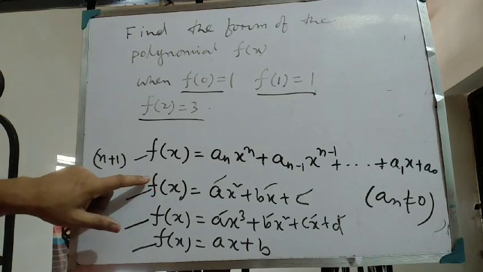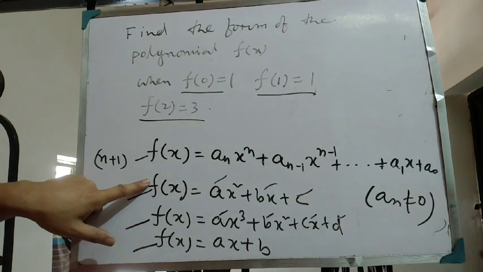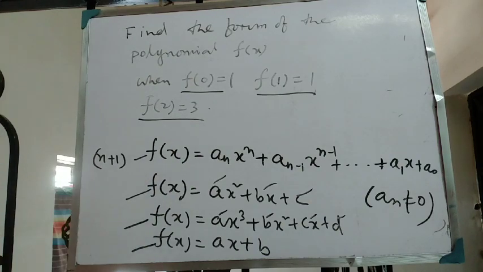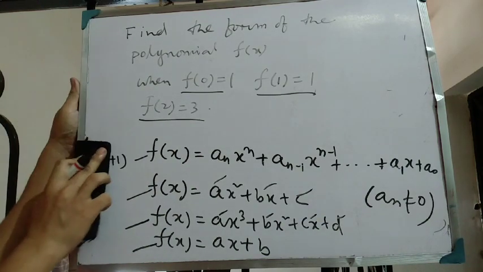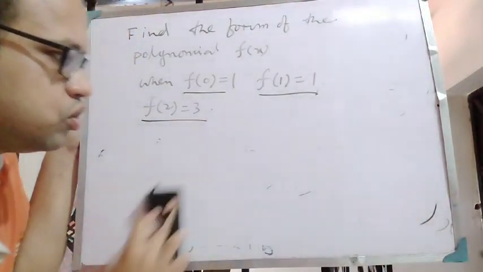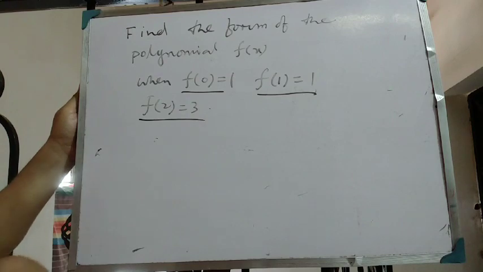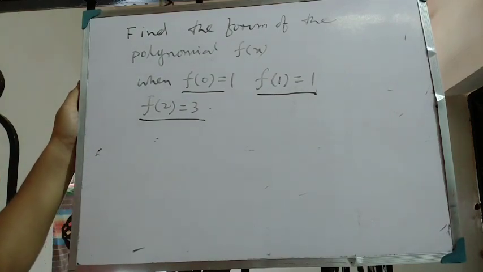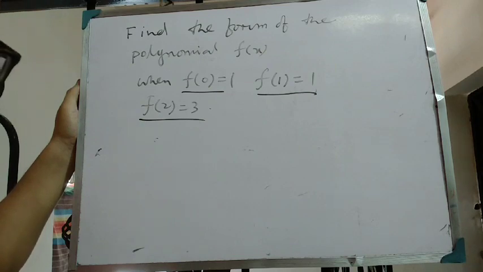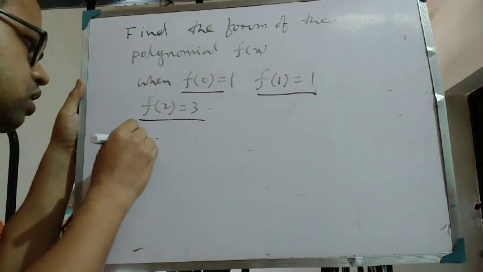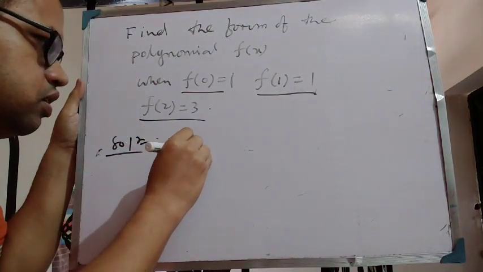Again, a polynomial of degree 2 has 3 unknown constants. So to start with the problem, you have to assume the given expression as a polynomial of degree 2, as here three equations are given by which we can find three unknowns. So start the solution in this way.